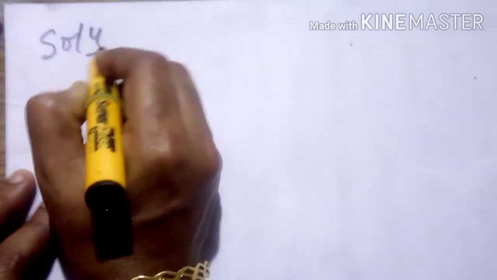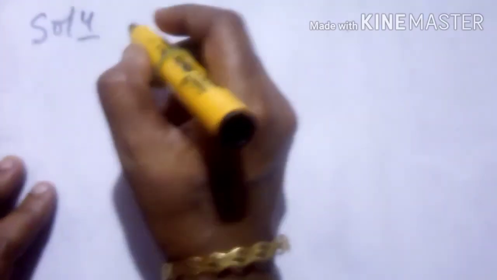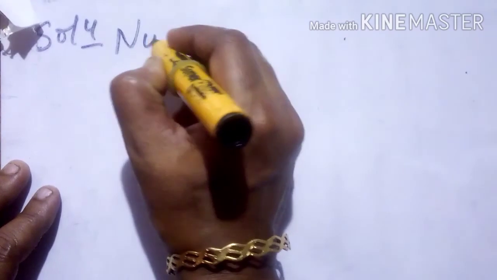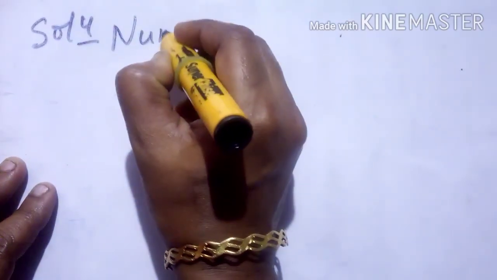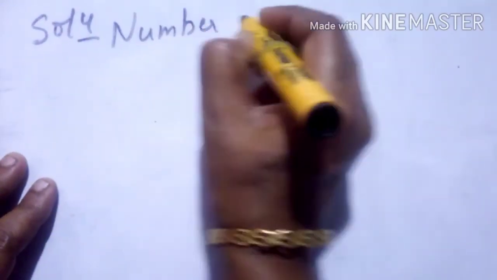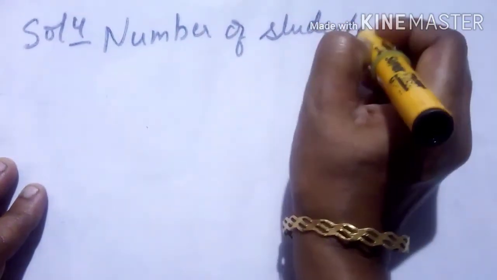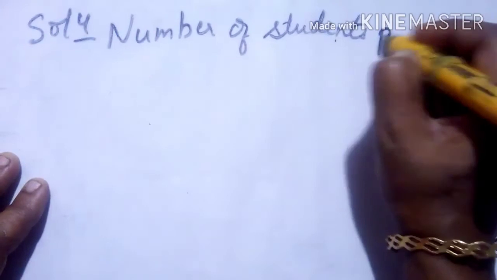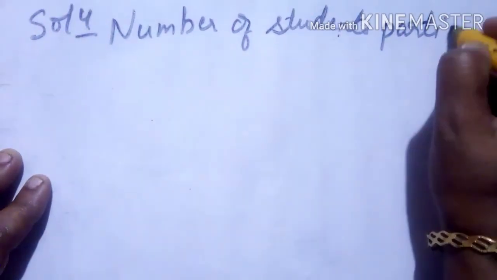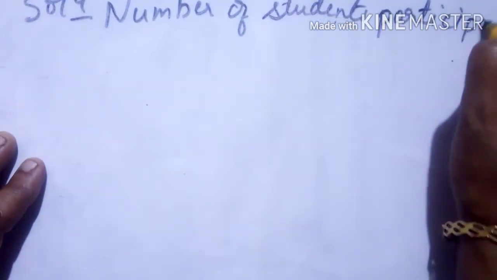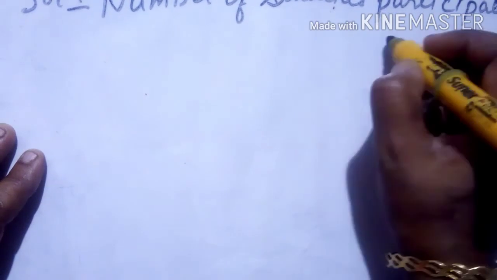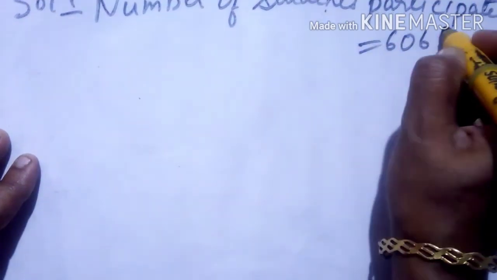Let us see the solution. Number of students participated. How many students participated? Participated is equal to 6066.